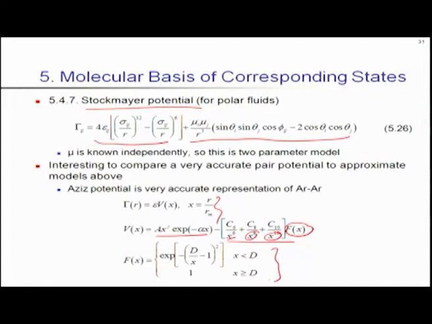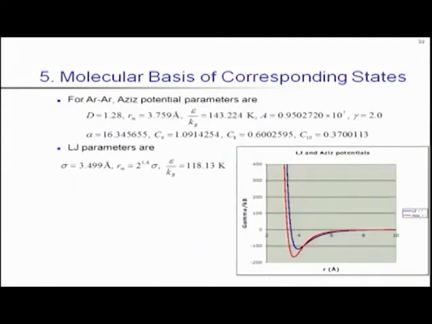Now, I will not go into details of how it was evaluated. If you use all the parameters one can get for the Aziz potential and compare that to the Lennard-Jones parameters for argon-argon, the LJ potential is the blue one and the Aziz potential is the red one.